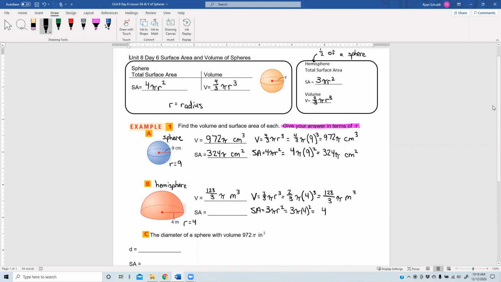It's going to give us 48 pi meters squared. Okay, so there's the first two problems done.